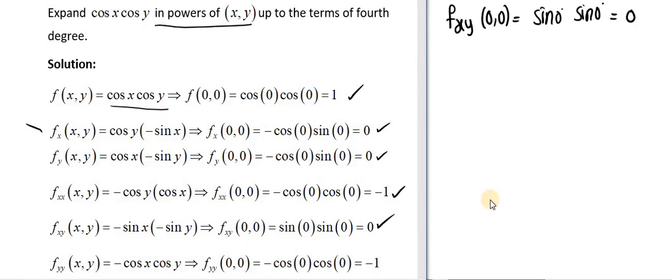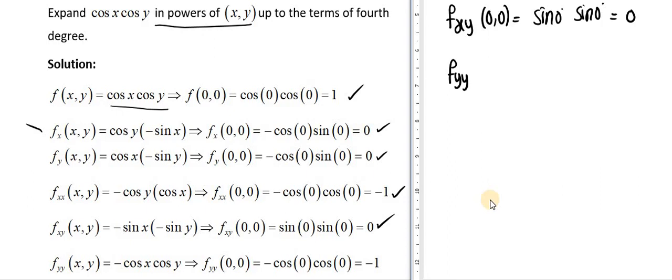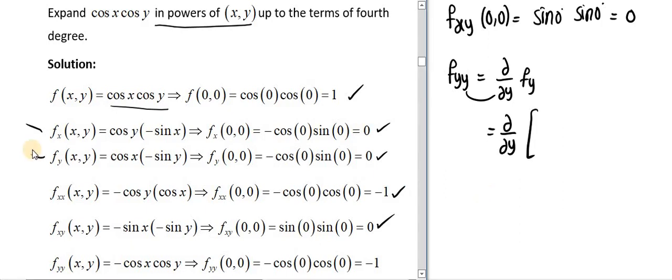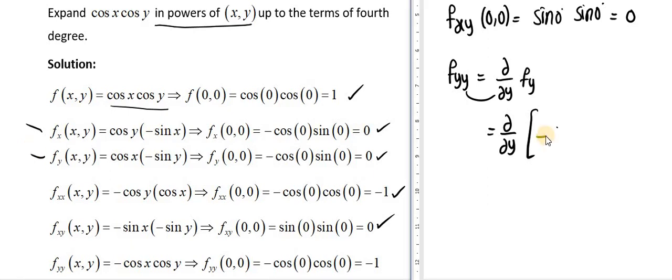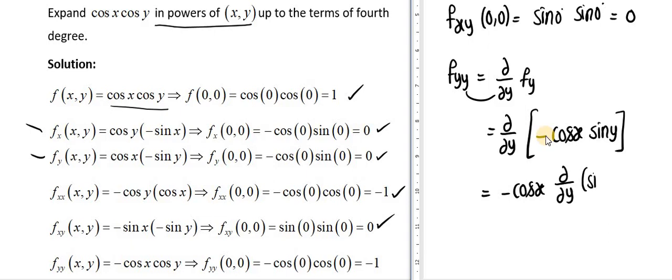Next we are going to find fyy. fyy means dou by dou y of fy. We already know the fy value, that is minus cos x into sin y. We are differentiating with respect to y, that's why I am putting minus cos x outside, and the remaining function inside the differentiation.